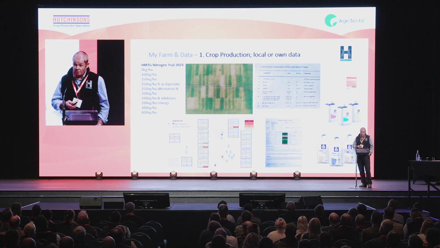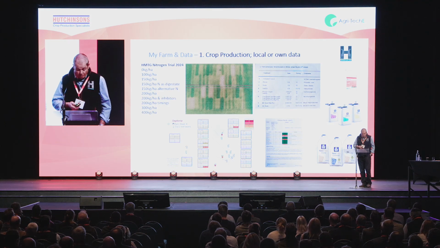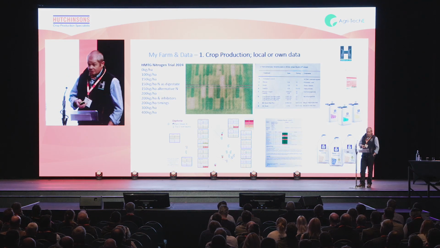Trying to find out after the event what the right level of nitrogen was on certain crops, but at least we know what those results have been for our soil, for our location, for our rotation. There's also agronomy groups and monitor farms around and about where we can glean data from, but the best data is probably our own data.